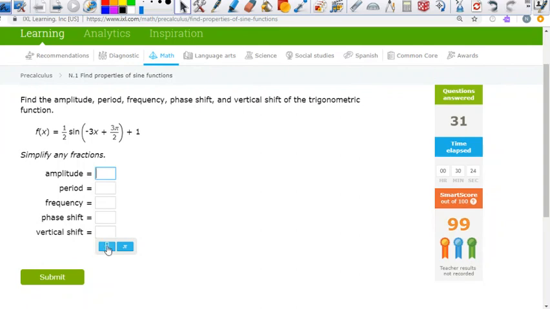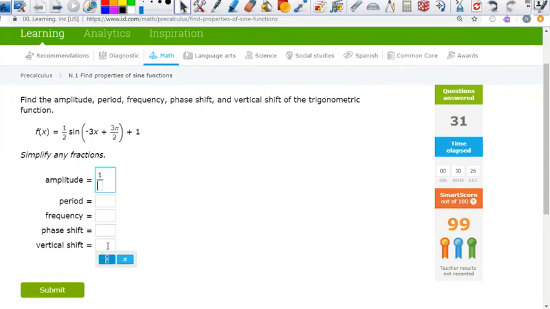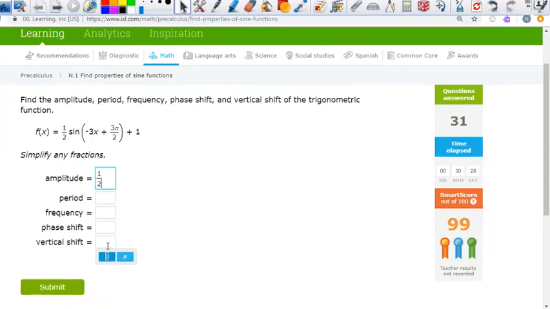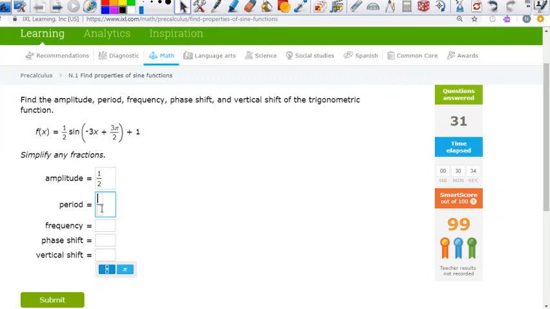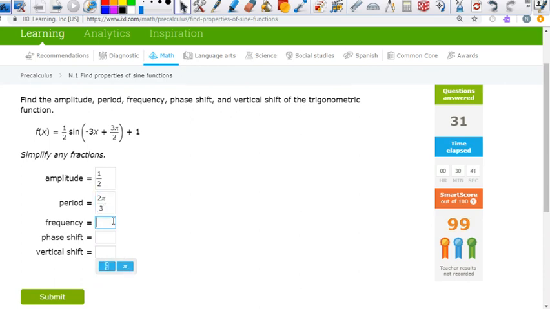Amplitude is 1/2. Period is 2 pi over negative 3, but period is always positive, so just 2 pi over 3. 3 over 2 pi for the frequency.